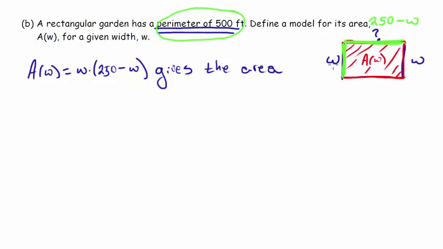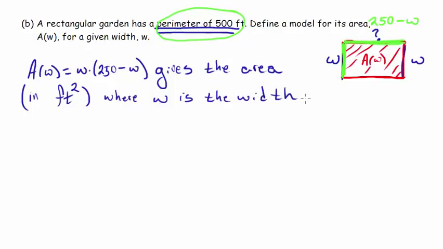So if I took feet here, times feet here, we get square feet. You might write this like this, square feet. Alright, so there are my units, where W is the width. Now the width is just in feet. Now the tough part is the domain.